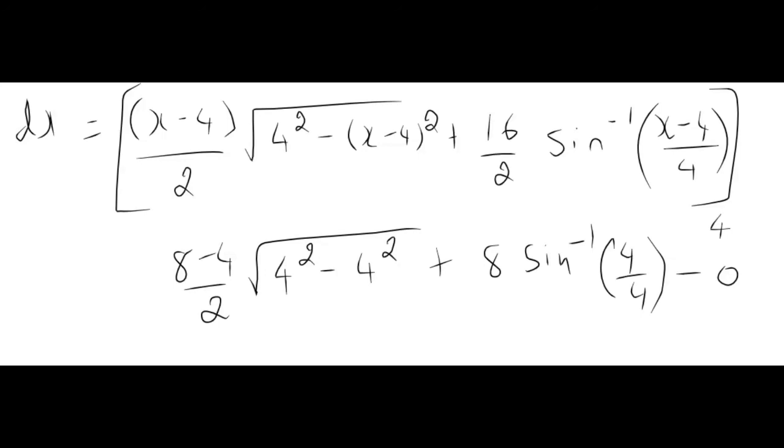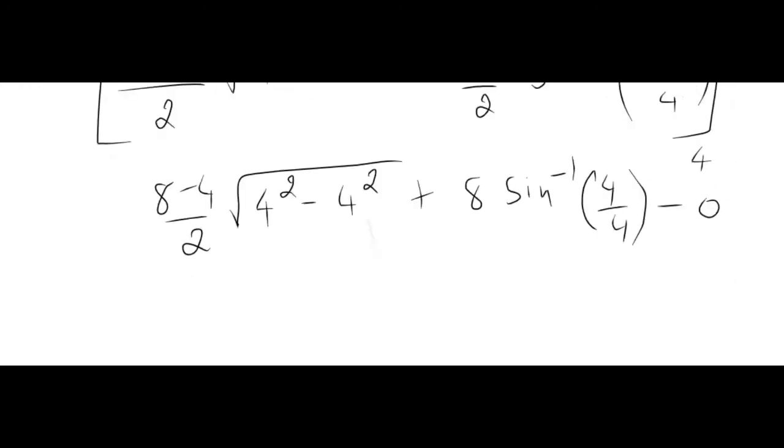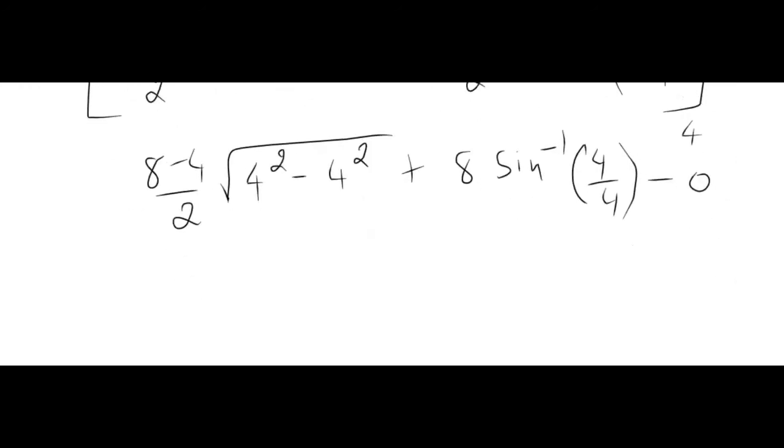So the first term becomes 0, and sine inverse of 4 minus 4, sine inverse of 0 is also 0. So the second term is fully going to be 0. So we have only the upper limit, which is 0 plus 8 sine inverse of 1, which is nothing but pi by 2. So that becomes 4 pi.